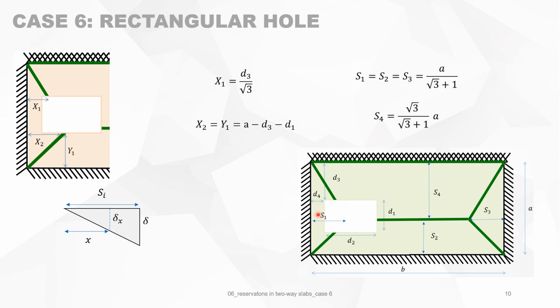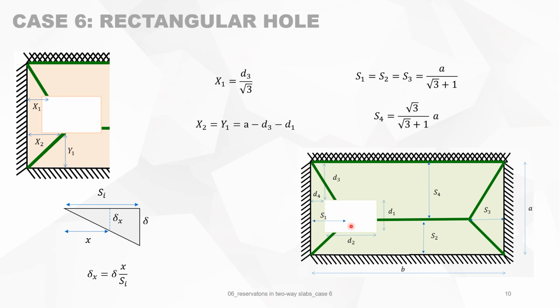Looking at this side, for instance, when the center goes down with delta over a distance S1, then we know that at an intermediate distance x, the deflection is delta x. And delta x is of course delta times x over S1. So this is valid for this portion.